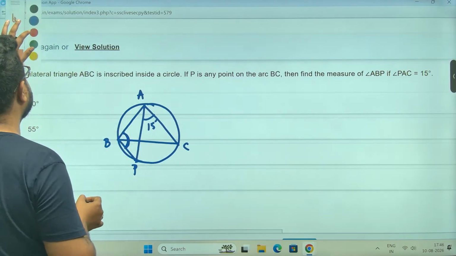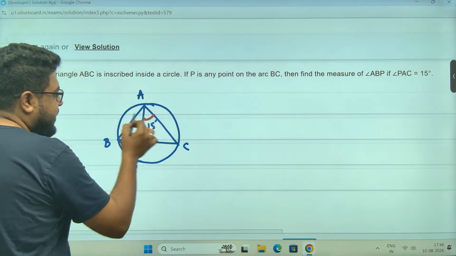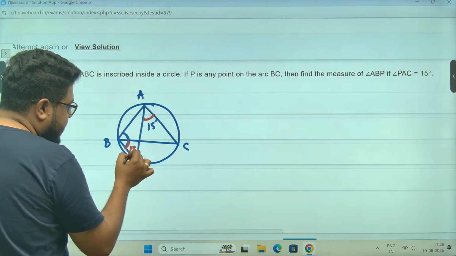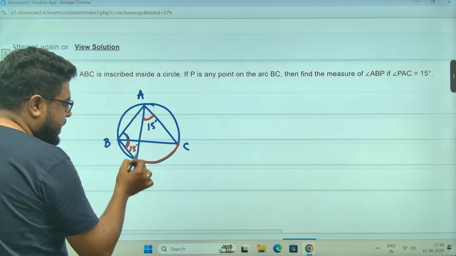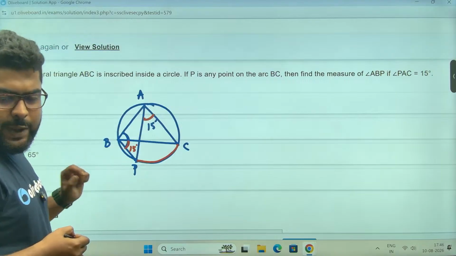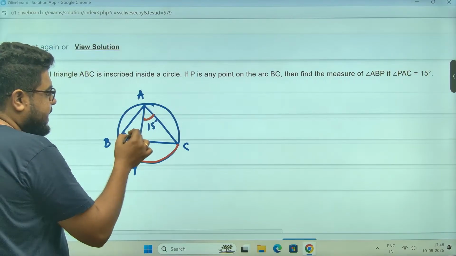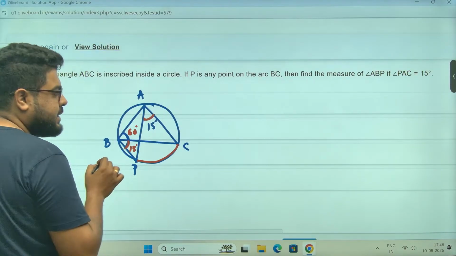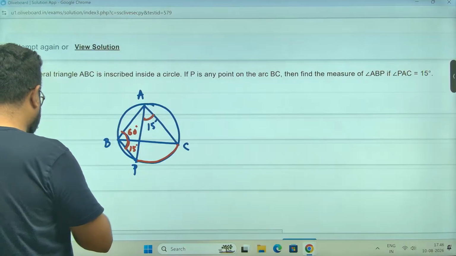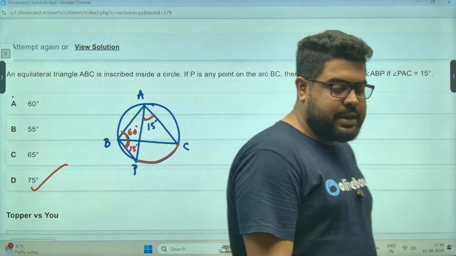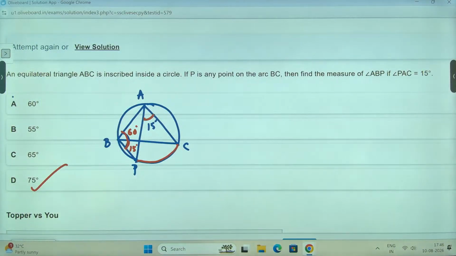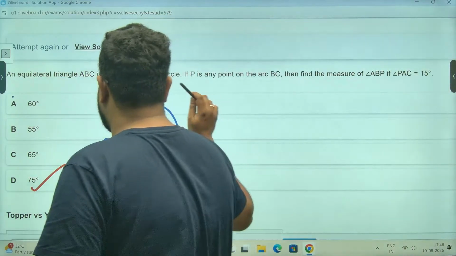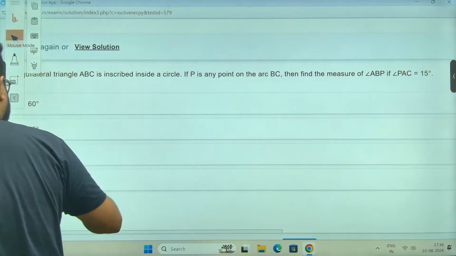It's a very simple question. If this is 15, this angle is also 15 degrees. Why? They are on the same arc CP. Same arc, two angles. And since ABC is an equilateral triangle, this is already 60 degrees. So this whole angle will be 75 degrees, which is option number D. Very simple stuff. Next one, please.